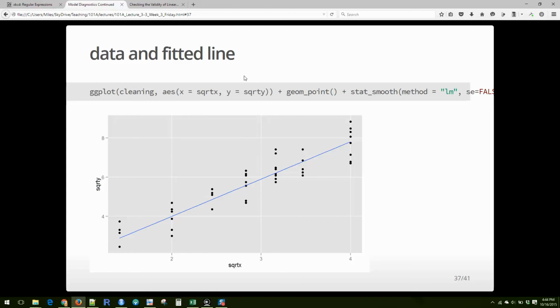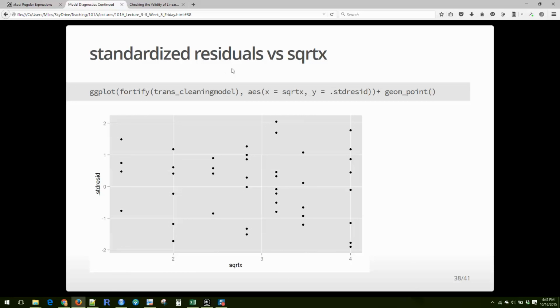When we look at the data and the fitted line, this looks better. We don't really see the funnel action between square root x and square root y. We can take a look at the standardized residuals versus square root x, and we don't really see the funnel going on here either.